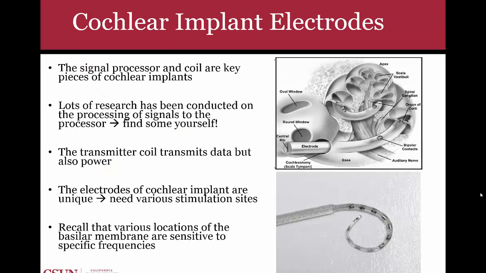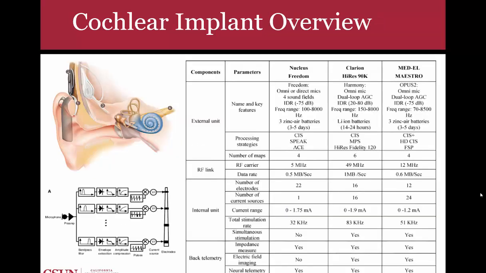Okay, one of the key, and what I should say is, I'll go back here. There's a lot of research that's done within each of these kind of boxes here, right? For basically a lot of processing strategies that you can talk about, like how exactly do you filter out the signal so that what the person's hearing is high fidelity, but not inaccurate.